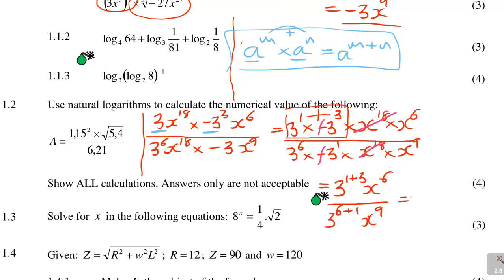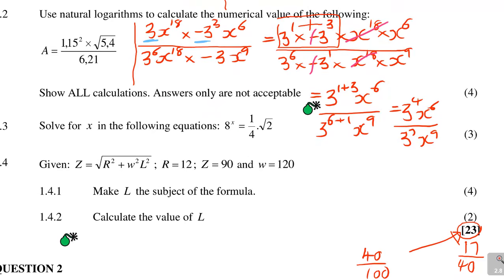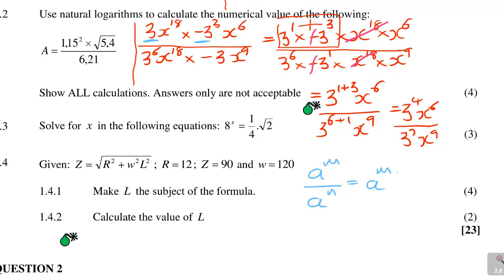So 1 plus 3 is 3 to the power of 4 over 3 to the power of 6 plus 1, which is 7, but there is x to the power of 6 and x to the power of 9. Now the next part is for me to apply the second law. I can just take this off. Now the second rule or law says if you are given a to the power of m divided by a to the power of n, it is equal to a to the power of m minus n.